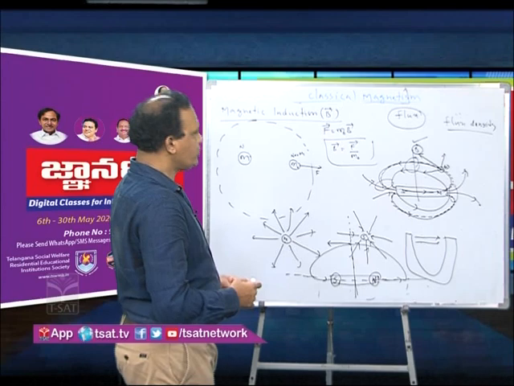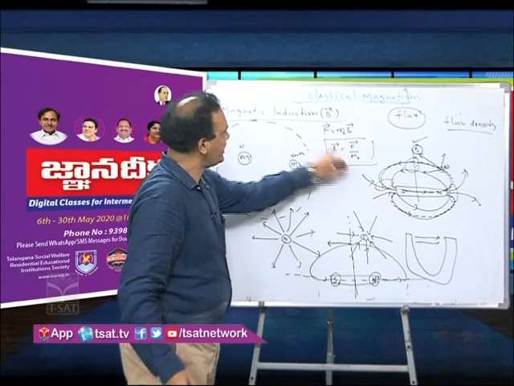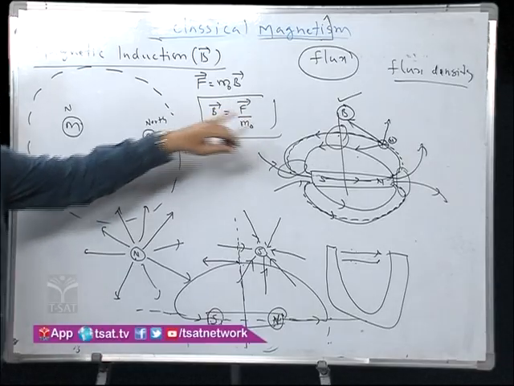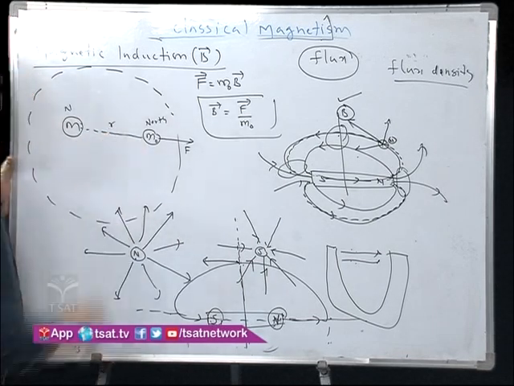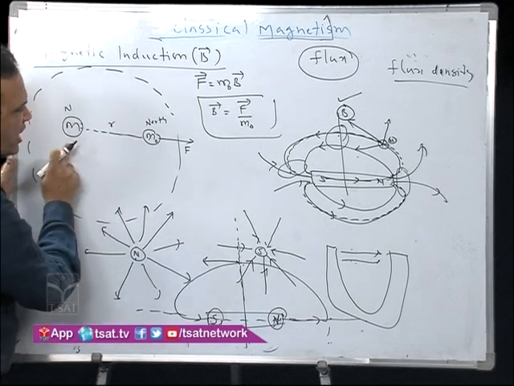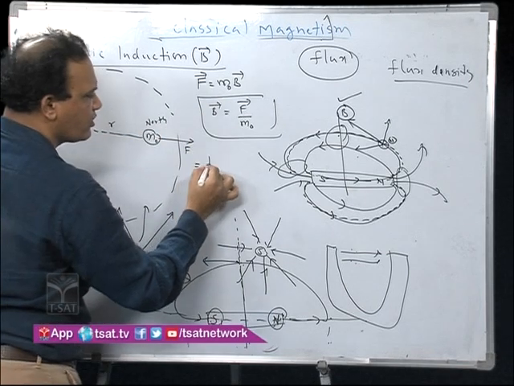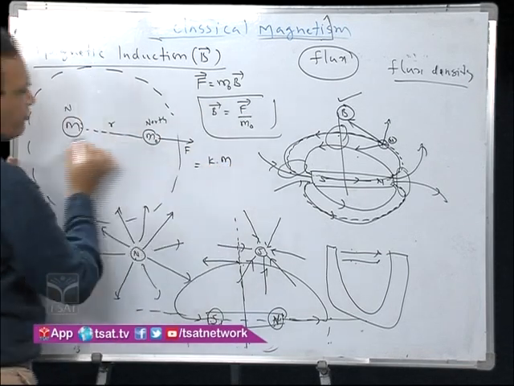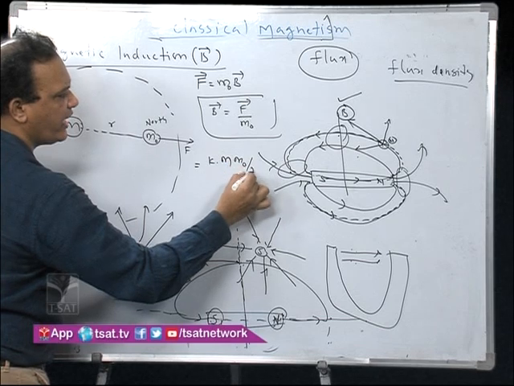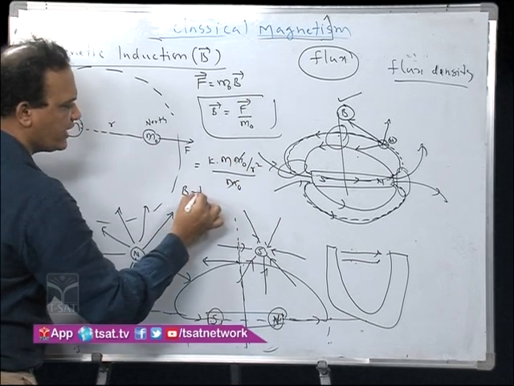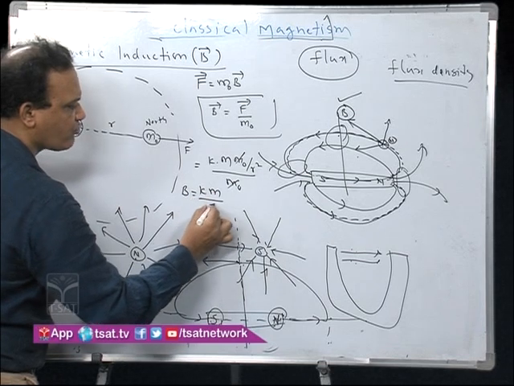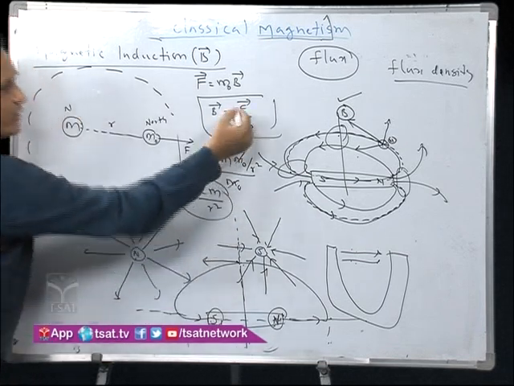Next, B, magnetic induction, is the force experienced by a unit north pole. If it is separated by a distance r, then from Coulomb's law, F is equal to a constant into m m naught by r square. So B is equal to k into m by r square. What is the difference between these two equations?